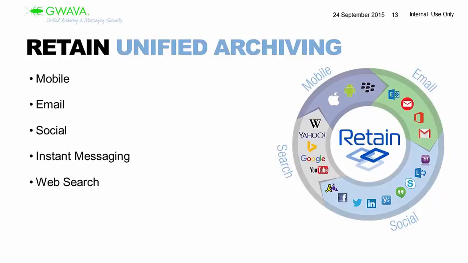if you have employees that are accessing social media at work, Retain has the ability to monitor, filter, and block social media depending on your needs. So if you have employees that are accessing, let's say, Facebook, Twitter, LinkedIn, or Yammer at work, Retain will allow you to monitor their communications and block and filter what they're saying.